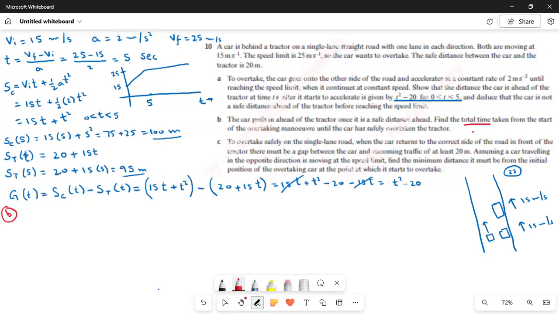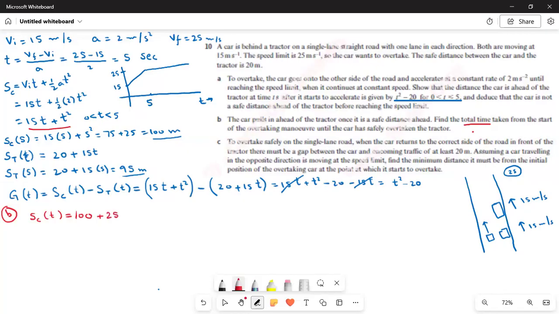So I would like to express the distance as a function of time for the car. We know the distance of the car for the first 5 seconds is given by this expression, right? But what happened after that? The distance traveled by the car as a function of time: at the end of 5 seconds, it has traveled a distance of 100 meters, right? So 100 plus, now it's going to be at constant speed, and the speed is 25 because it's on the speed limit.